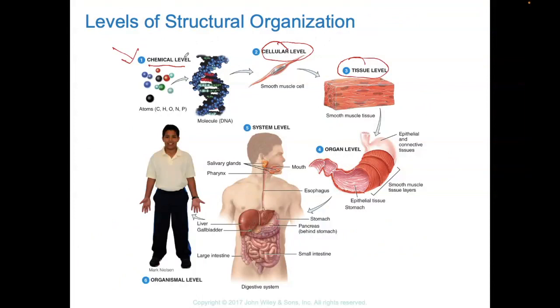Well, what do we mean by chemistry? Since we're studying anatomy and physiology, when I think of chemistry, I also think of a term called biochemistry. And when I think of biochemistry, I think of the foods that we eat, our nutrition. Our nutrition is made up of carbohydrates, proteins, and fats, right?